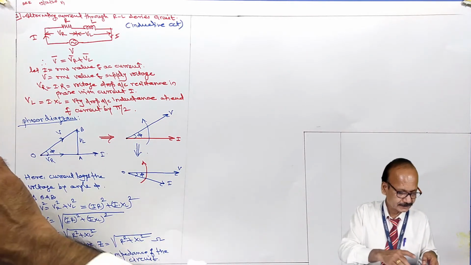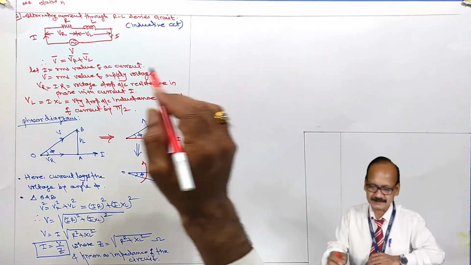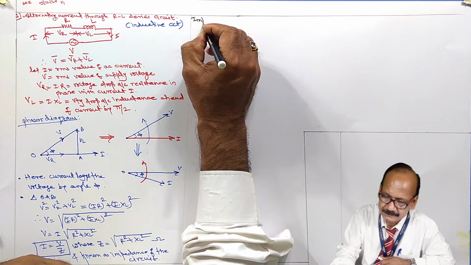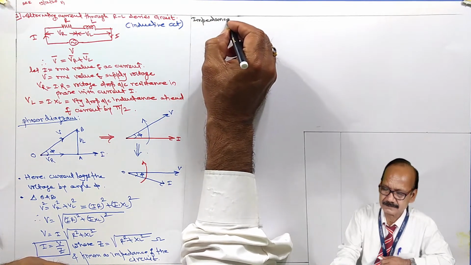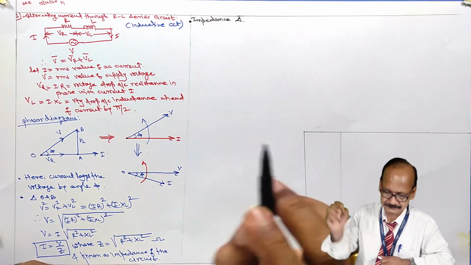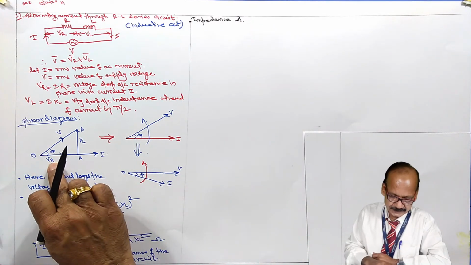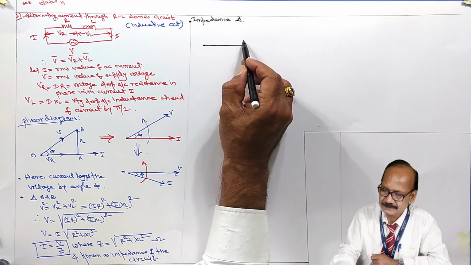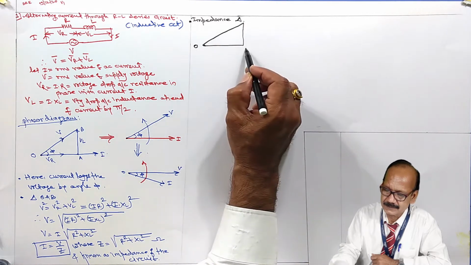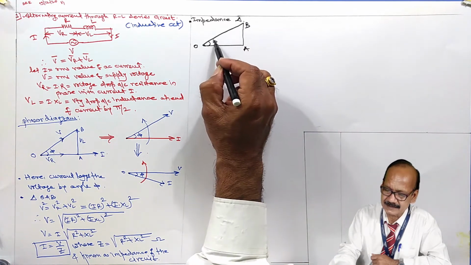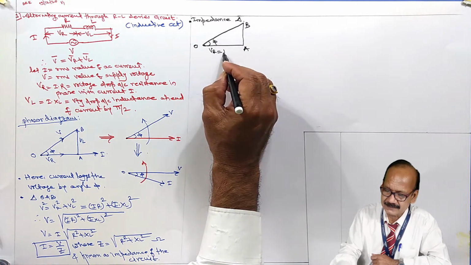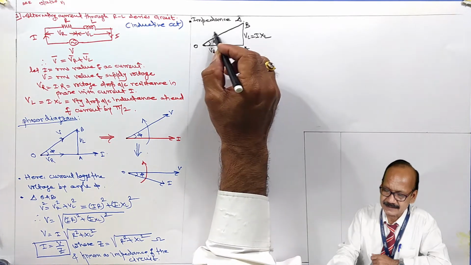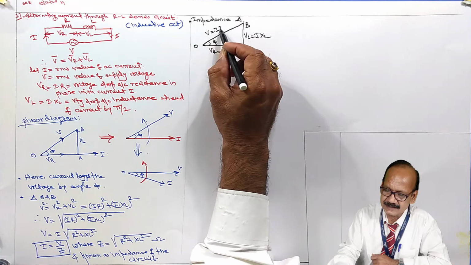Now the impedance triangle. See the impedance triangle. Now this here is nothing but I into R. So OAB, angle phi, V_R equals IR, V_L equals IX_L, and V equals IZ.